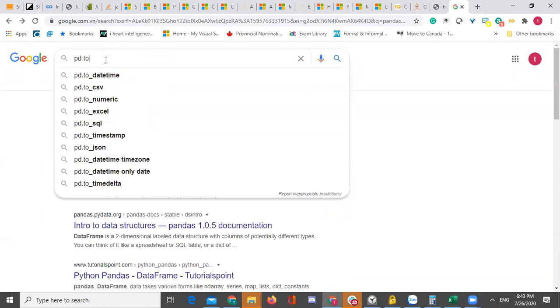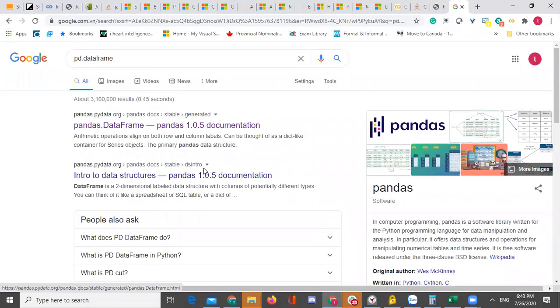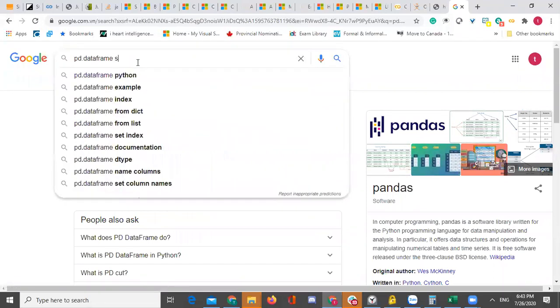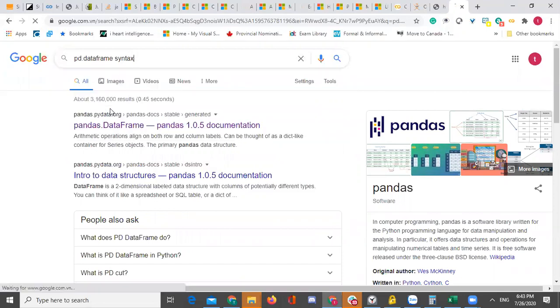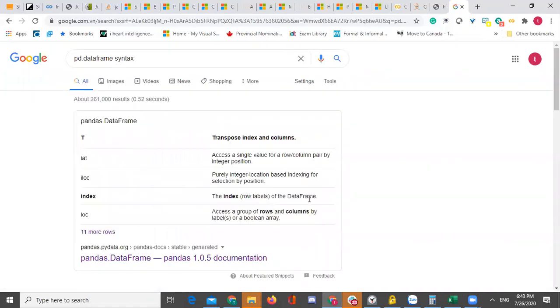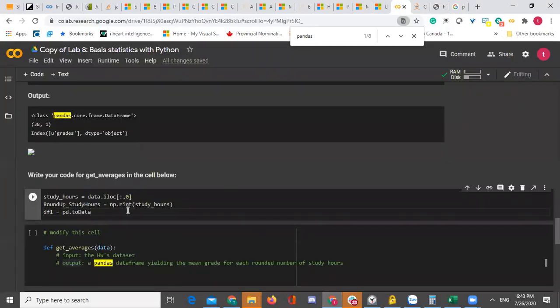No. Okay, DataFrame. Yes. So this is the way to put it into a data frame.